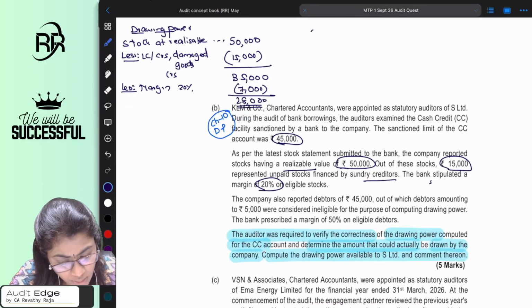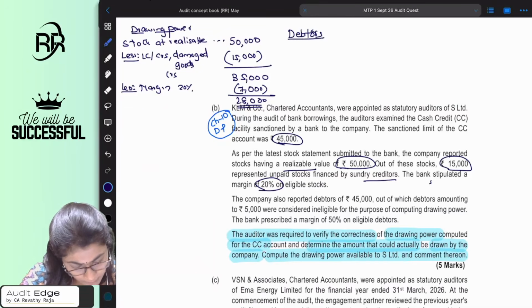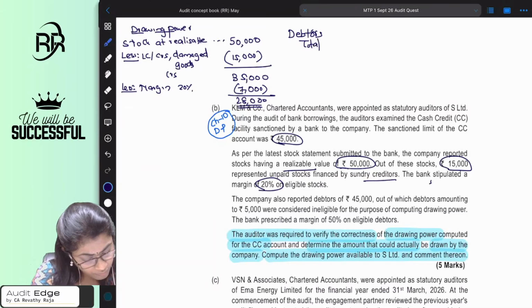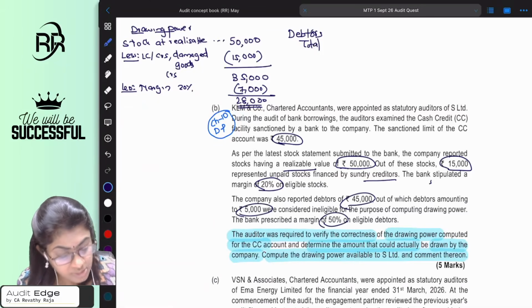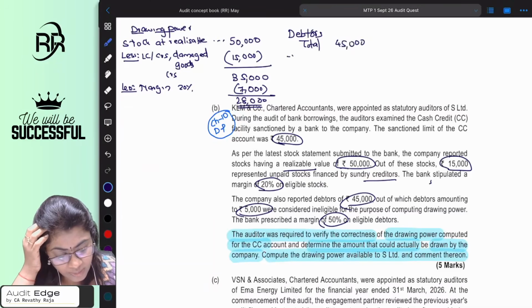Then after stock, you will take the debtors. Total debtors is 45,000, of which 5,000 is ineligible, 50% is margin. Total debtors is 45, less ineligible debtors, which is 5,000. So balance 40,000.